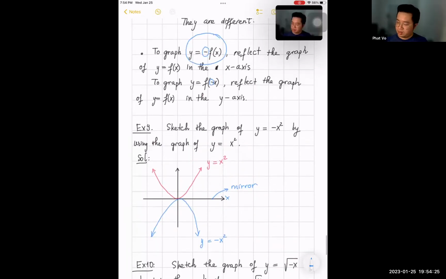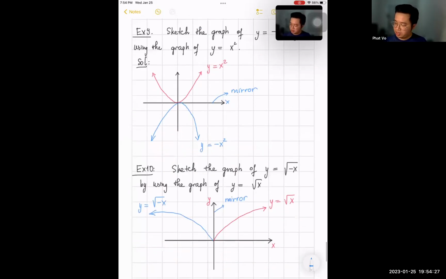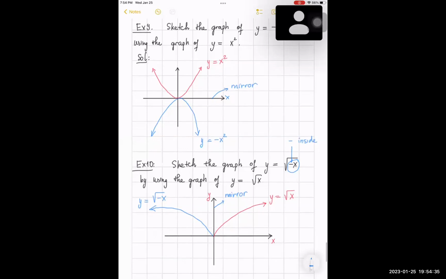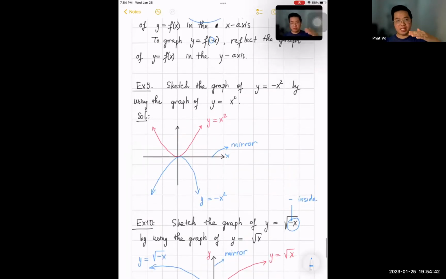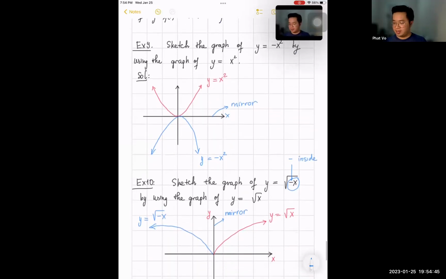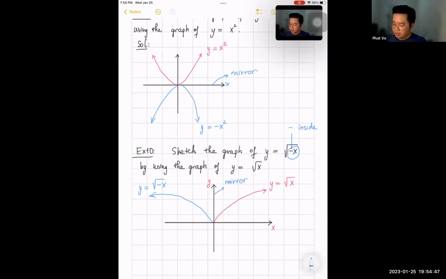As you can see, this function has the minus inside the function. If the minus is inside the function, you reflect the function in the y-axis. Otherwise, you reflect the function in the x-axis. The red function is the basic function. The y-axis is this line, so I reflect this function by this line, and it becomes the blue one.